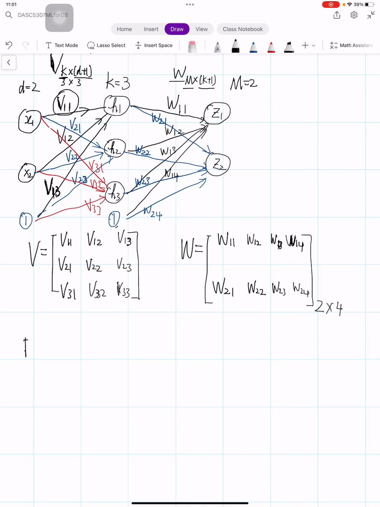For each vector v, we can apply the activation function to this vector, which means we apply it to each component wise.